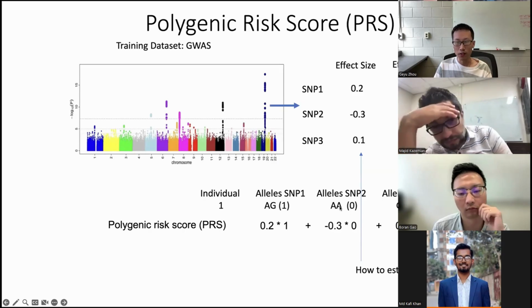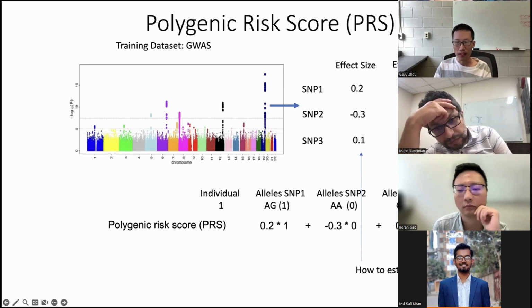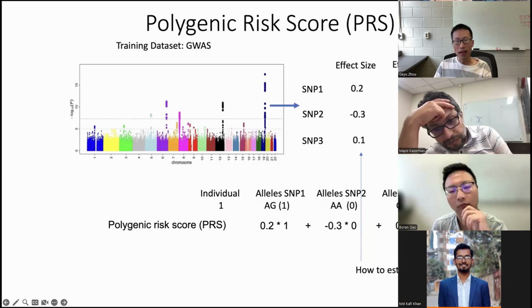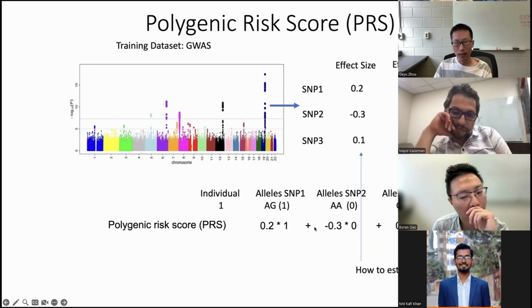And SNP2 is AA, so zero copies of the effect allele C. And at SNP3, GT, so one copy of the effect allele G. And then we multiply the number of the effect alleles by the effect size and take the sum to get the final score. And this is the so-called polygenic score.